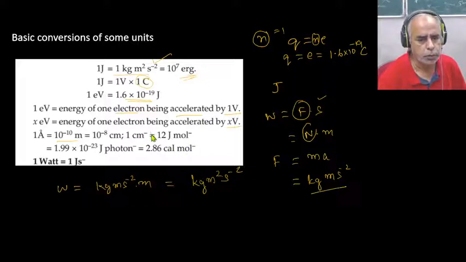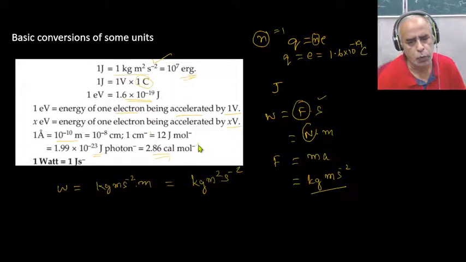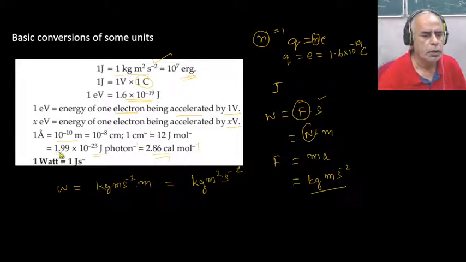So this can be represented as 1.99 into 10 power minus 23 joule, and the photon unit is represented by 2.86 calories per mole, okay. So this is per photon, the energy carried by 1 photon, okay.